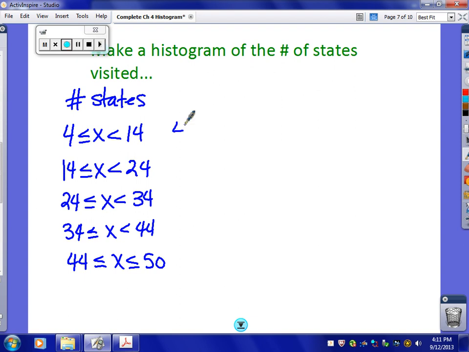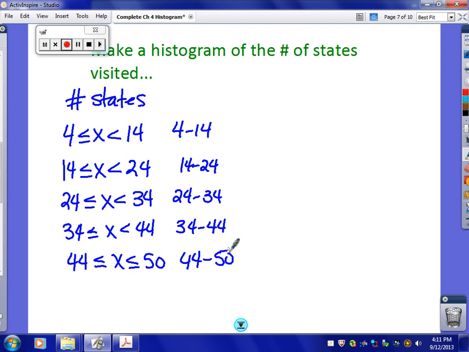Shorthand notation, you can also write them like this. You just have to keep in mind the upper and lower bounds. This is shorthand notation, but it means the inequality that's to the left.